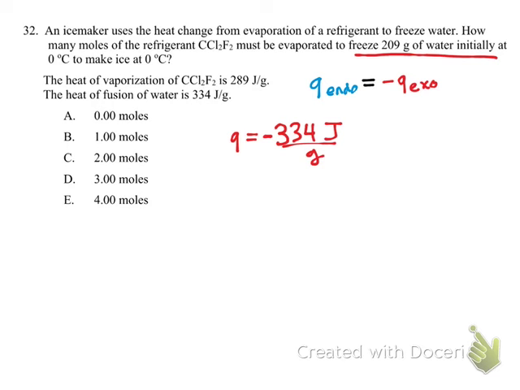So the energy that must be lost from freezing water is negative 334 joules per gram. Furthermore, we know that we have 209, not joules, grams. Let's see how much energy this corresponds to. 69,806 joules lost.